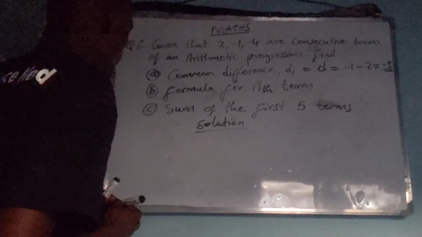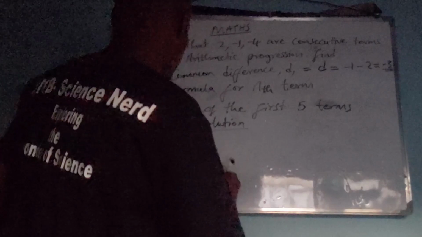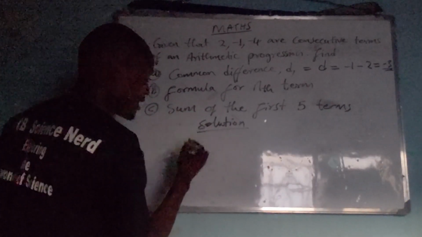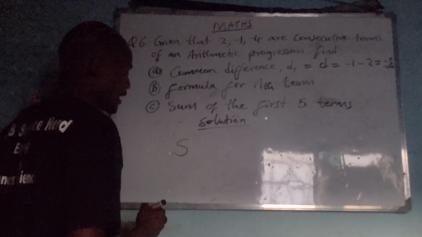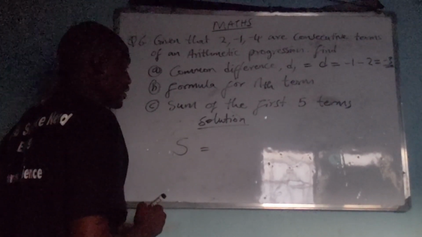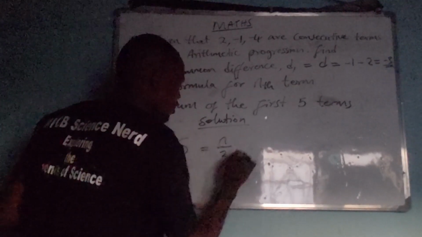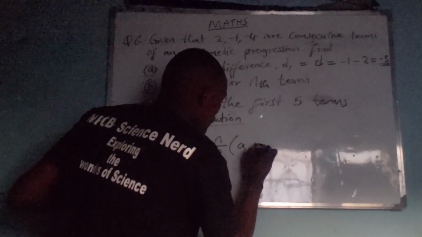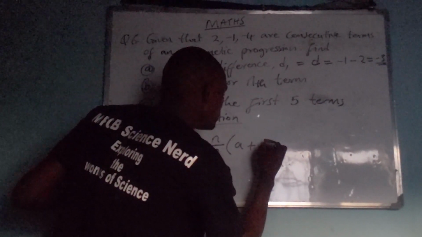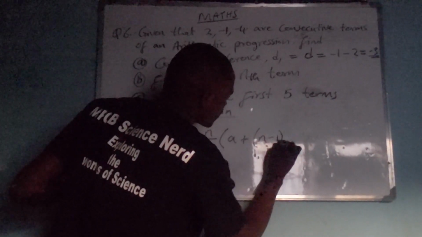So in this case, we know that the sum of the nth term, which can be represented by S, is equal to n divided by 2, open bracket, a plus open n minus 1 close d close.